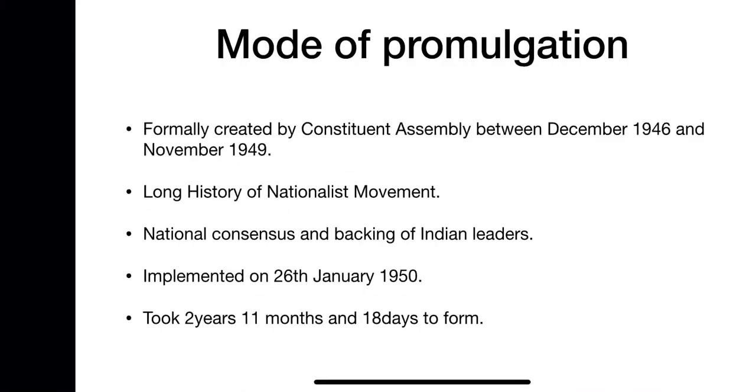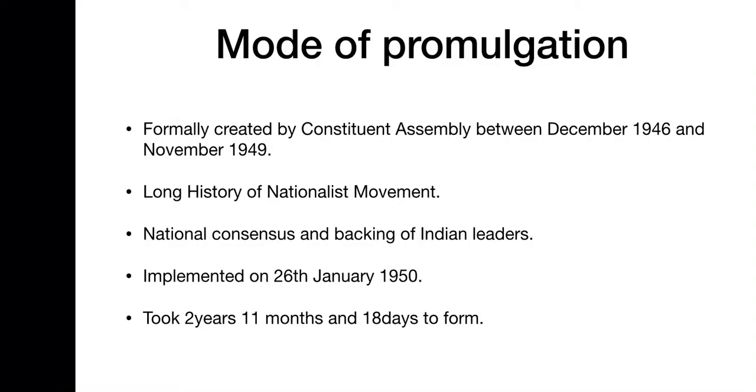So this slide is related to mode of promulgation, which means how a constitution comes into being, like who crafted the constitution and how much authority they had on the constitution. According to mode of promulgation, formally our Indian constitution was created by Constituent Assembly between December 1946 and November 1949.